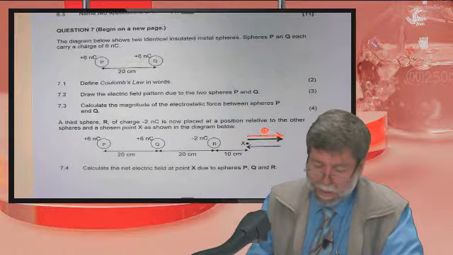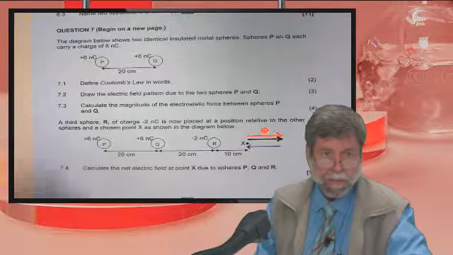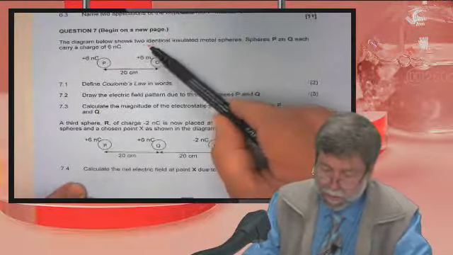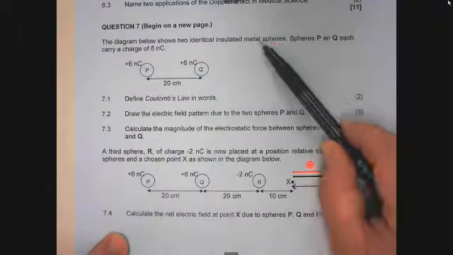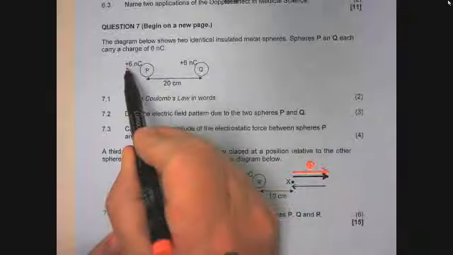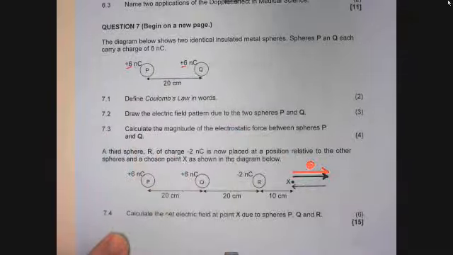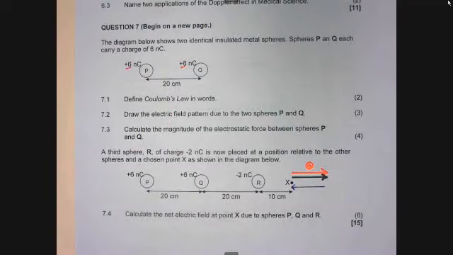Question on electrostatics and Coulomb's law and electric field strength. Right, let's read. The diagram below shows 2 identical insulated metal spheres, P and Q, each carrying the same charge, 20 centimeters apart. Define Coulomb's law.